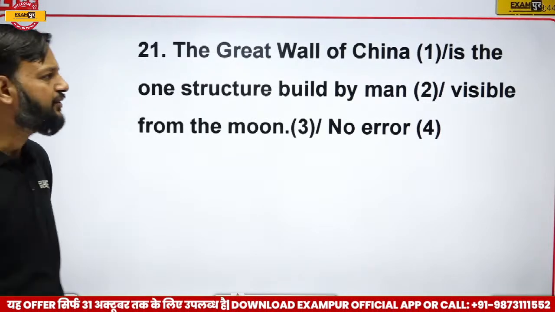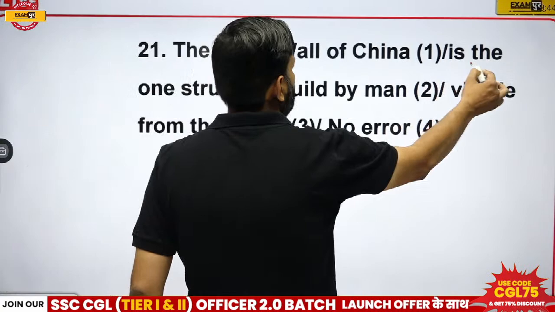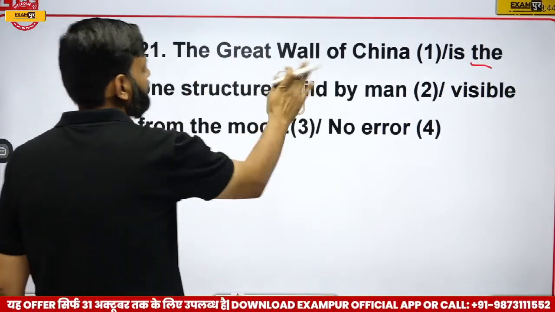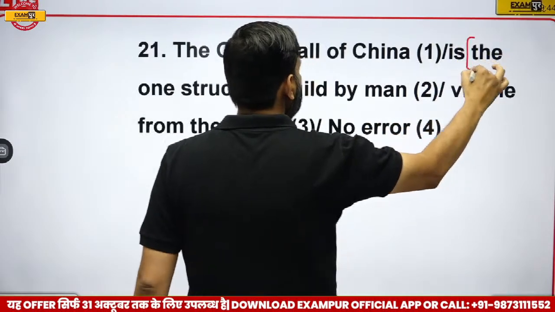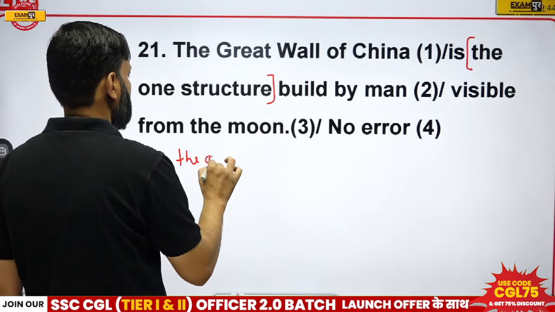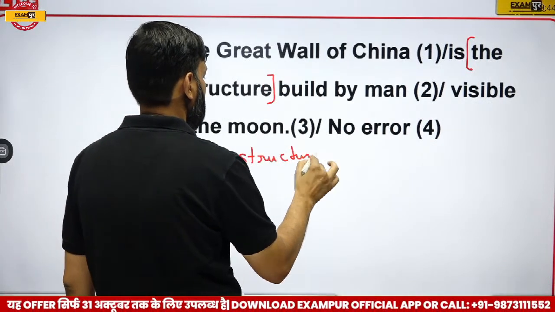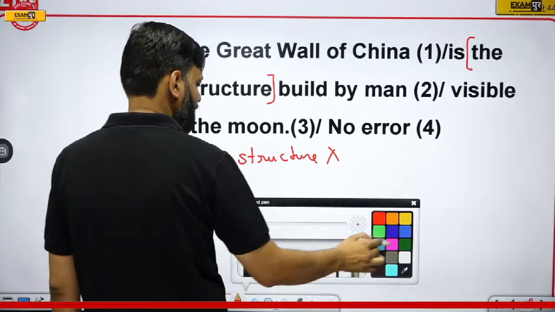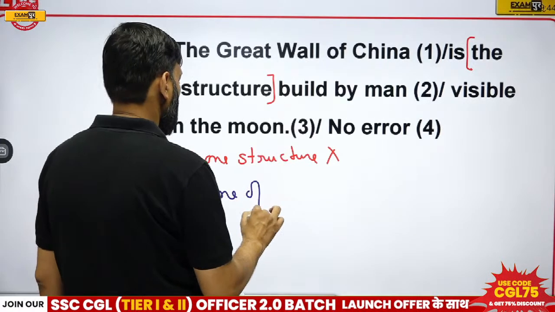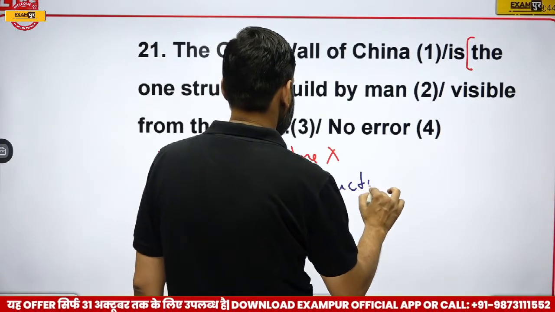See, in this sentence, "is the one structure" makes no sense. Here, "is the one structure" should be replaced by "is one of the structures."